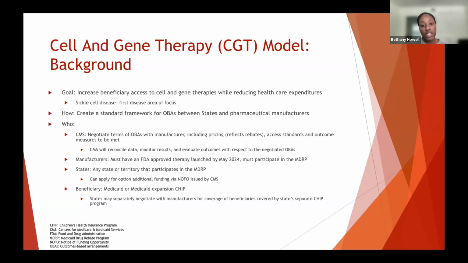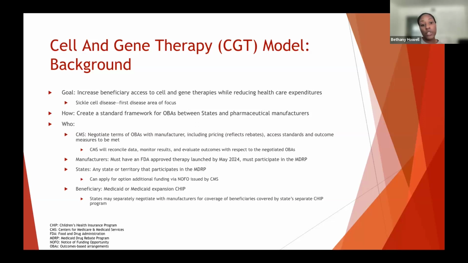We'll talk about the letter of intent a little bit more, but the states have to be in Medicaid drug rebate programs, and states and CMS can talk in the time frame. We'll go over a timeline as well between now and when the model begins to ensure that the terms of the agreements make sense for each of the different states.